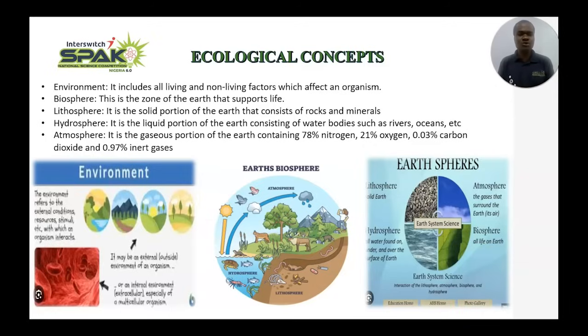Then we have the hydrosphere, the portion of the earth's crust that is occupied by water. This consists of water bodies, the oceans, rivers, seas, lakes, etc. Then we have the atmosphere, the gaseous portion of the earth, and this consists of about 78% nitrogen, 21% oxygen, a small amount, 0.03%, of carbon dioxide, and a few rare gases, about 0.97%.